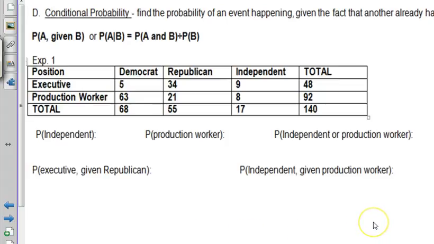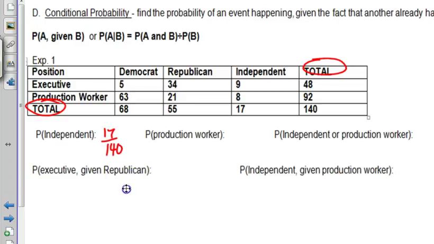Conditional probability, this is what we were just doing a minute ago with the seniors, males, all that good stuff. Okay. So if we're picking, we have this chart. What is the probability that we pick an independent? 17, this is total, right? And this is total. So there are 17 independents out of 140.